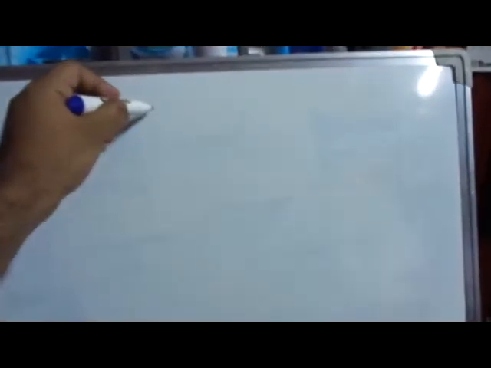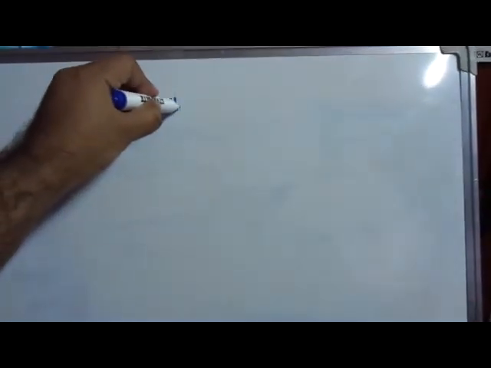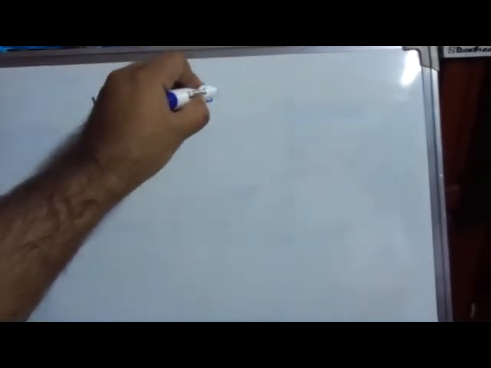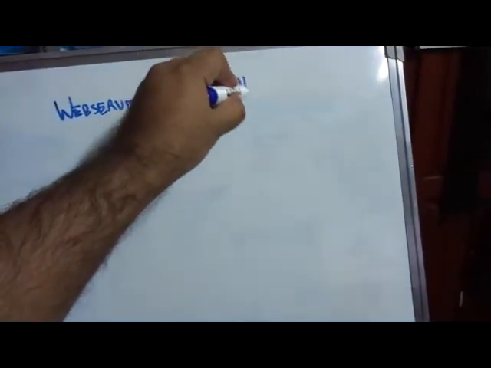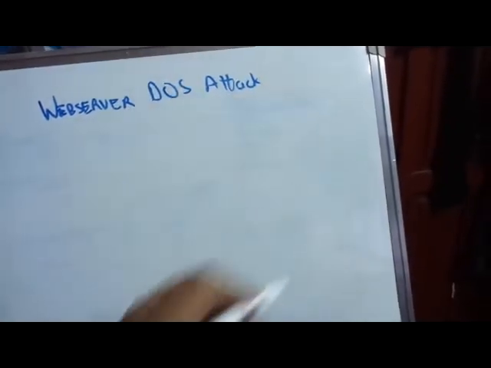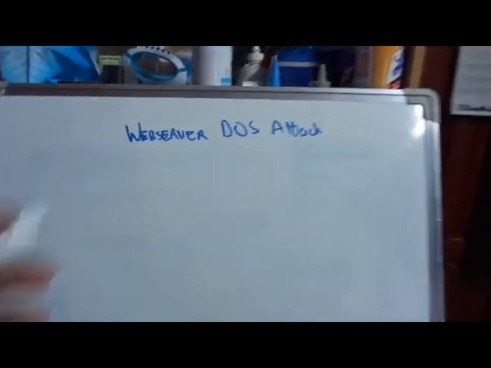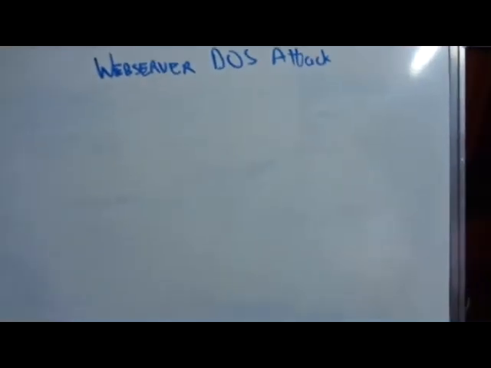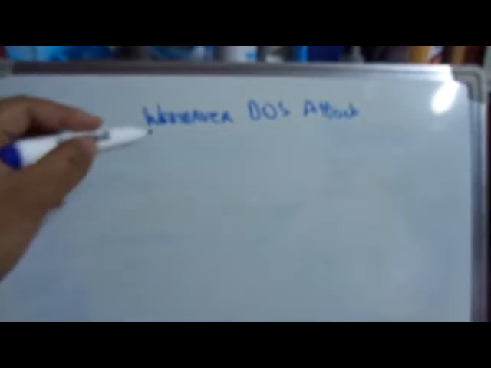I'm flipping over to the whiteboard. Alright, cool. So today we're talking about web server DOS attacks. Now, I should probably start off with each website. When you try to access a website, you use the TCP protocol, right?